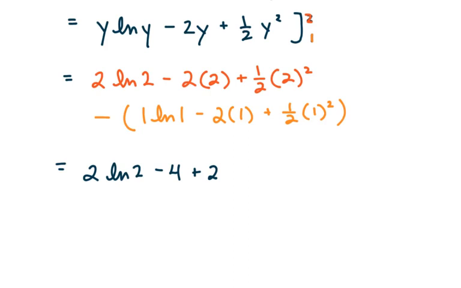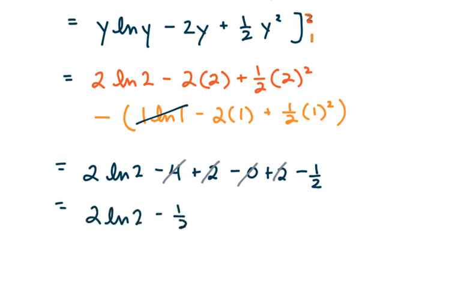The natural log of 1 is 0, so I've got minus 0 minus negative 2 plus 1/2. And negative 4 plus 2, those cancel. The 0 is gone. I have 2 natural log of 2 minus 1/2. That's fine as my answer.